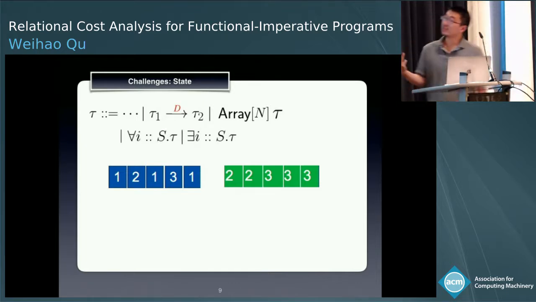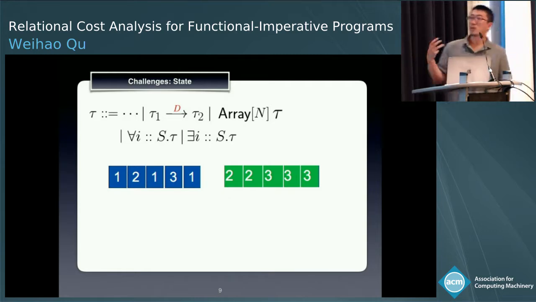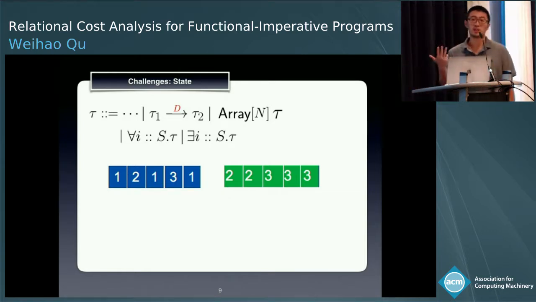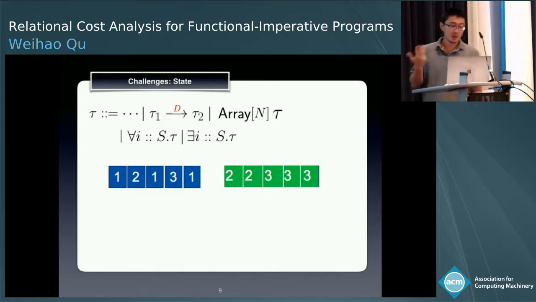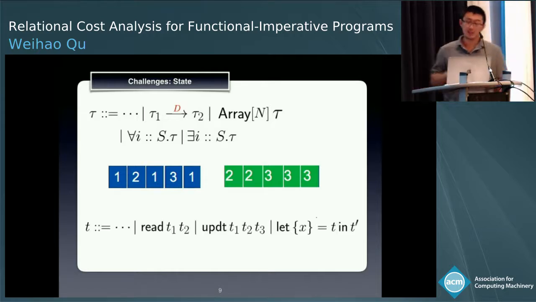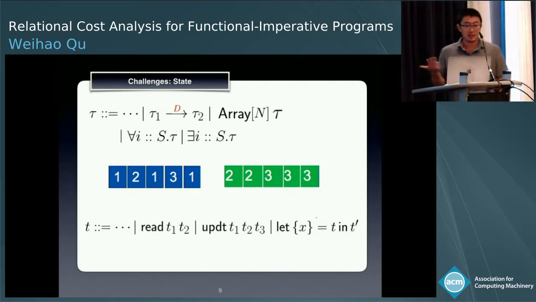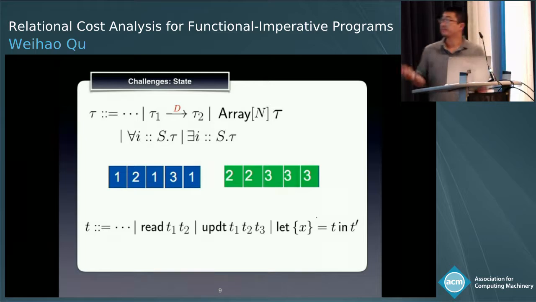Since now we have the index, we also allow our type to quantify over this index. The next thing is that our arrays now will have destructive update, and they will be a part of the heap. So at the expression level, we'll have array-based operations, such as reading an array, updating an array, or a sequence of array operations.